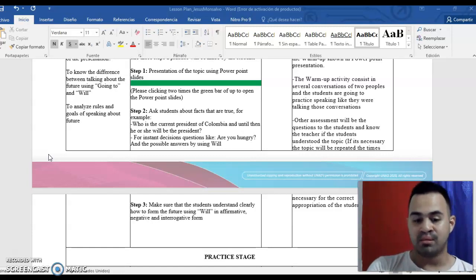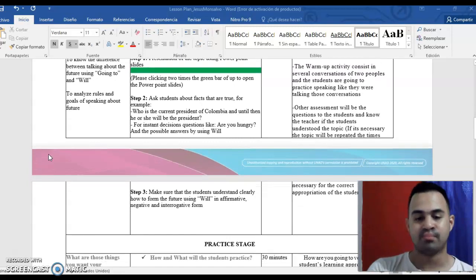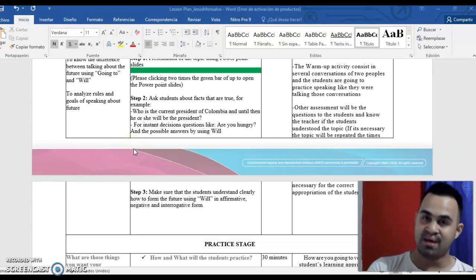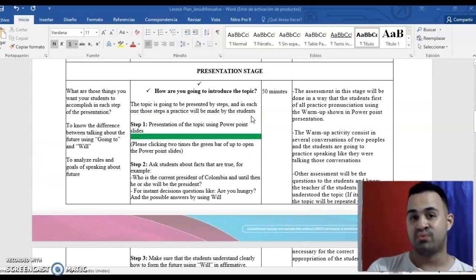And the possible answers using will. Step 3: make sure that the students understand clearly how to form the future using will in affirmative, negative, and interrogative form.